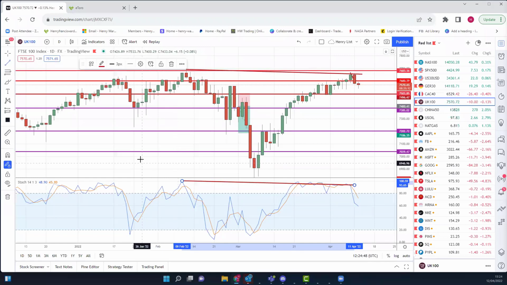Okay, so is that divergence? Is that divergence? Come on, guys. Yes or no? Is that divergence? Stop rubbernecking. Get involved.